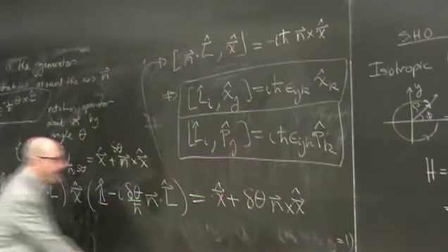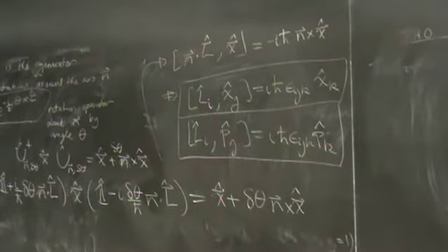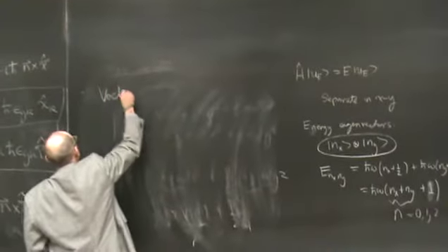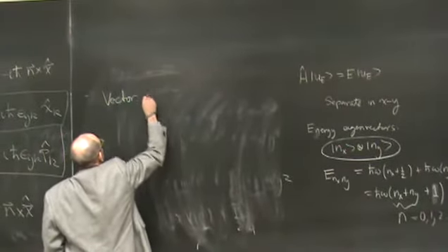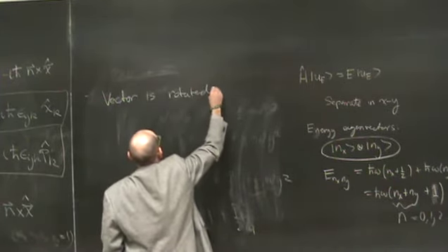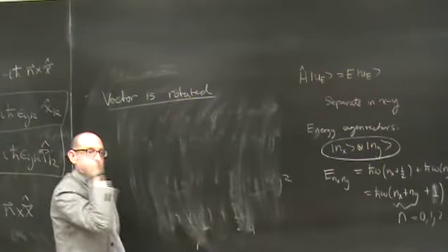In fact, we can think about this as the definition of what we mean by a vector. A vector is rotated. Okay, it has a direction.